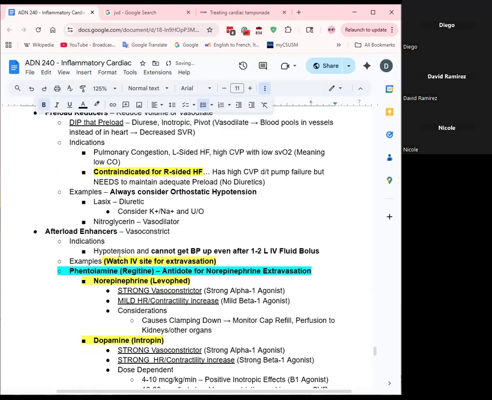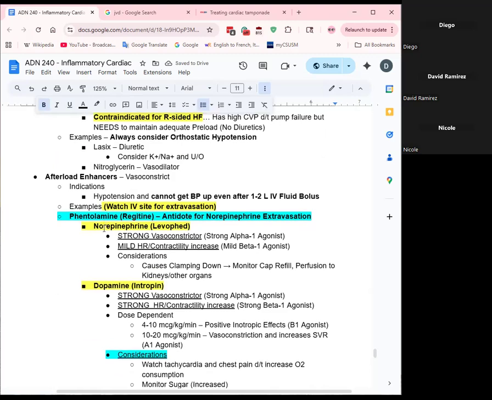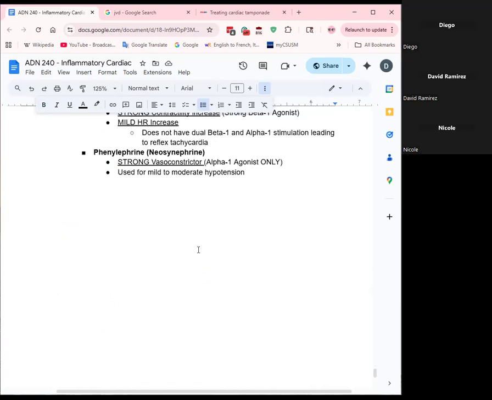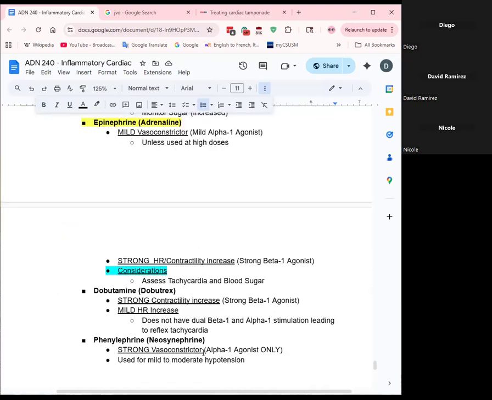So I added some stuff here. Afterload enhancers, I'm including your norepinephrine, your dopamine, your epinephrine, your phenylephrine.